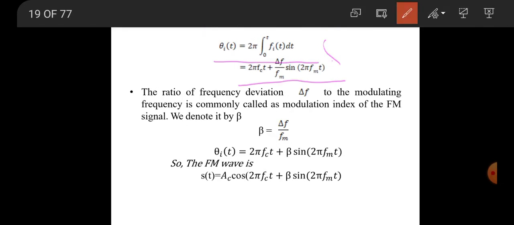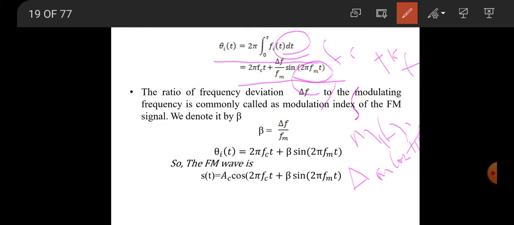Instead of fi of t, you have to substitute fc plus kf m of t. When we integrate cos 2 pi fm t, you will get sin 2 pi fm t divided by fm.